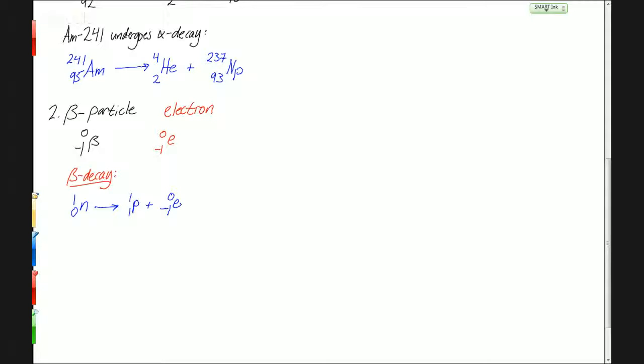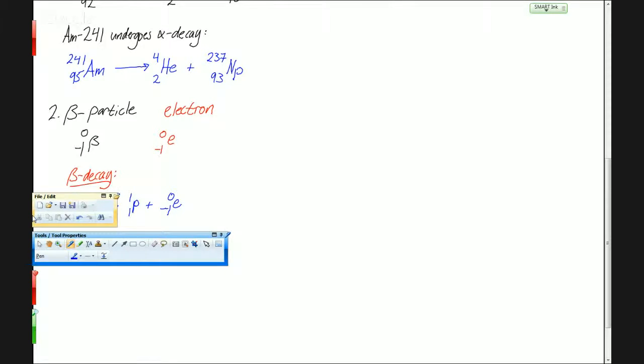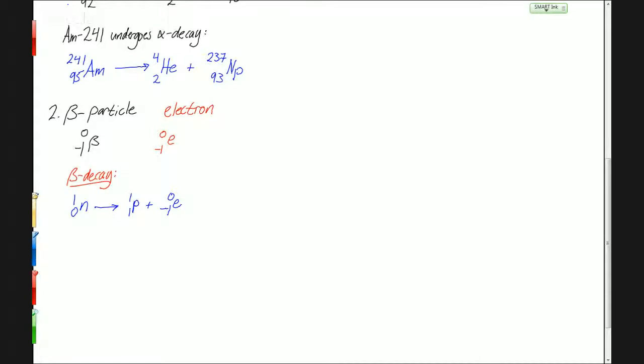If you add up those numbers, you'll see it actually works out. The 1 plus -1 is 0, and then 1 plus 0 is 1. So a proton plus an electron is a neutron. Or in this case, a neutron breaks into a proton and an electron. So that's how the electron ends up in the nucleus. It comes out of a decay of a neutron. Which means that when we write these reactions of alpha decay or beta decay, we can still just follow the math and it works out just fine.